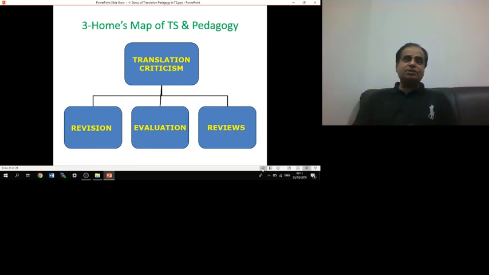As for evaluation, this is different from revision. Evaluation is when the translation is given to the evaluator and the evaluator gives marks. At the highest level, the evaluator gives marks, let's say 80 out of 100 or so on. But evaluation also says this translation is good in that area.